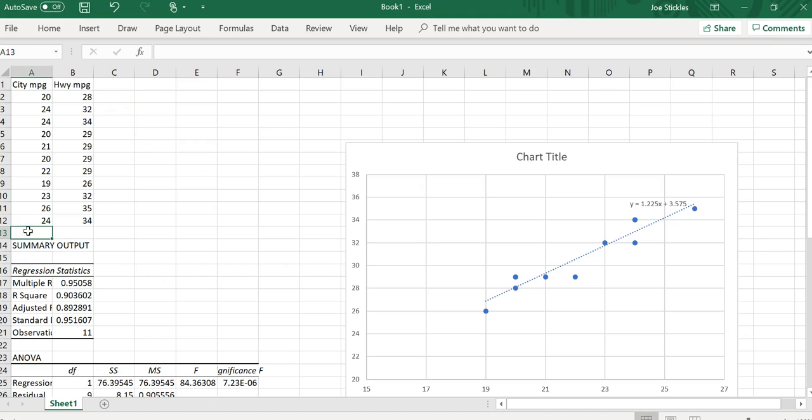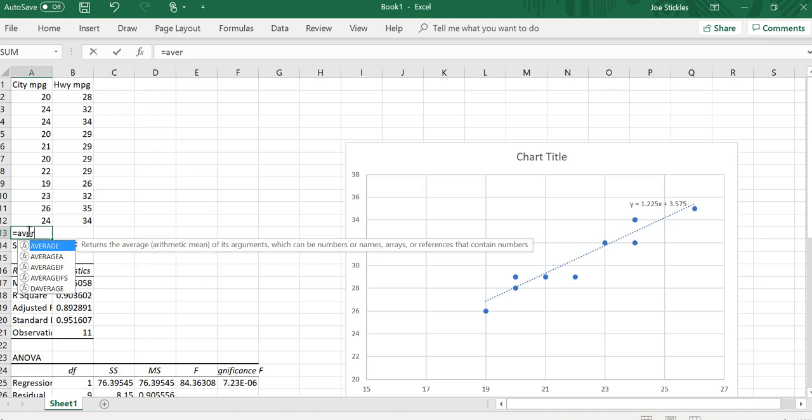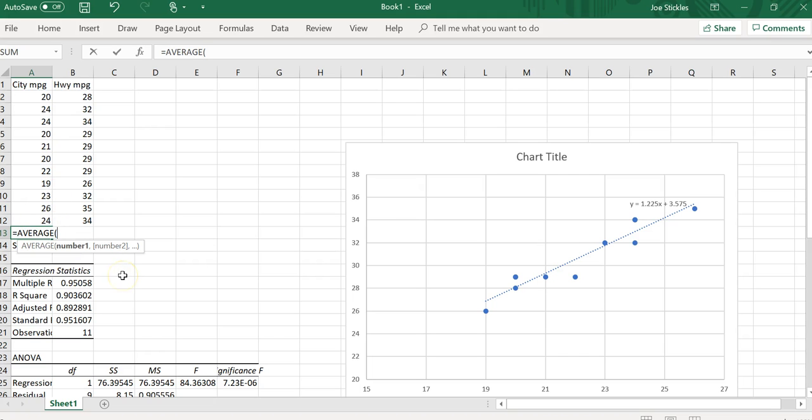So, if we do the average of the x's, and let's just copy this here.